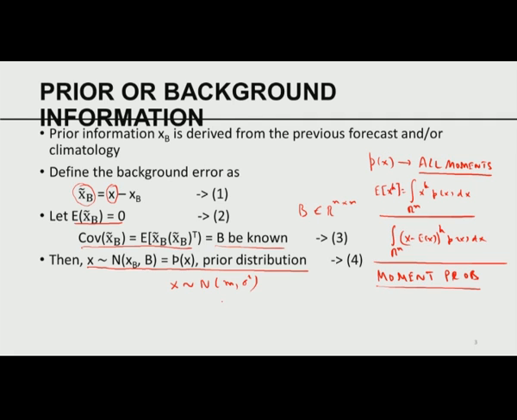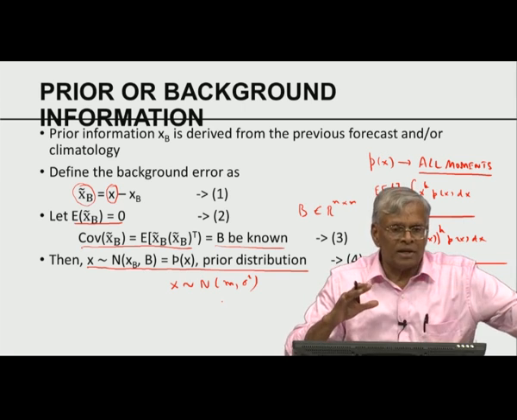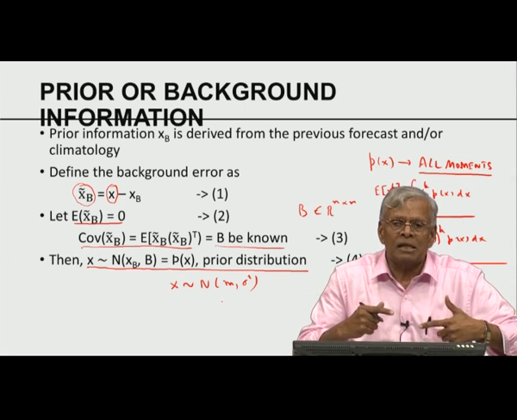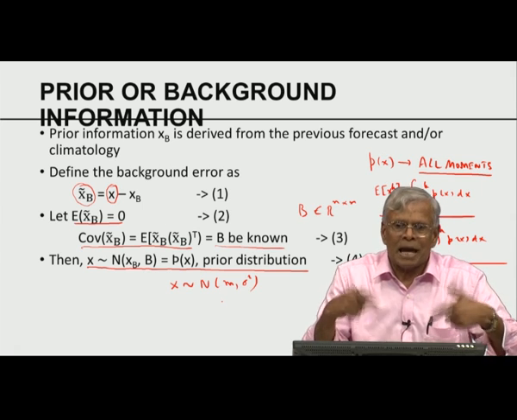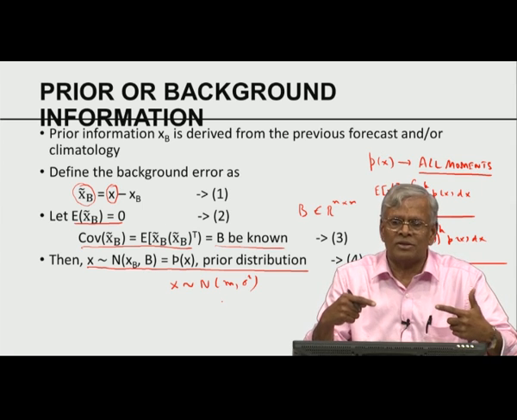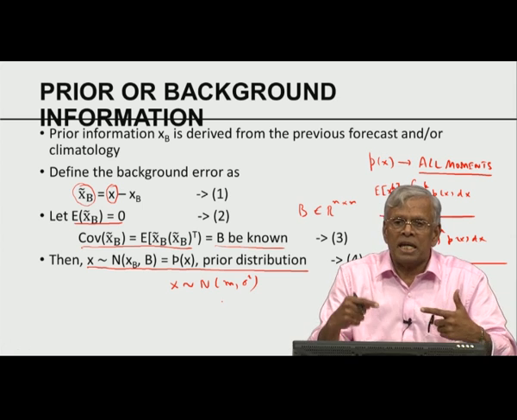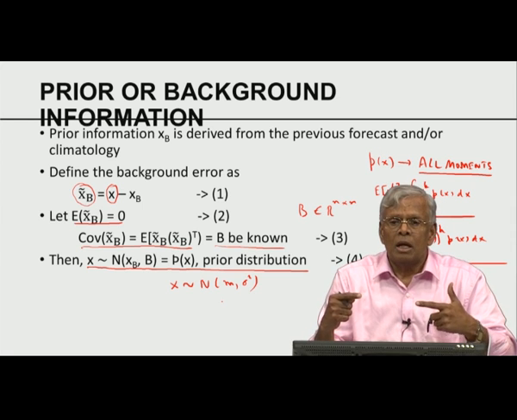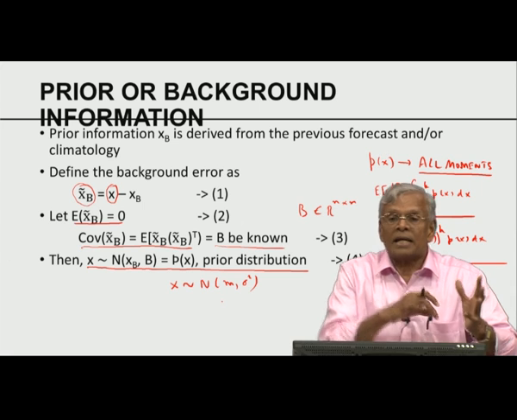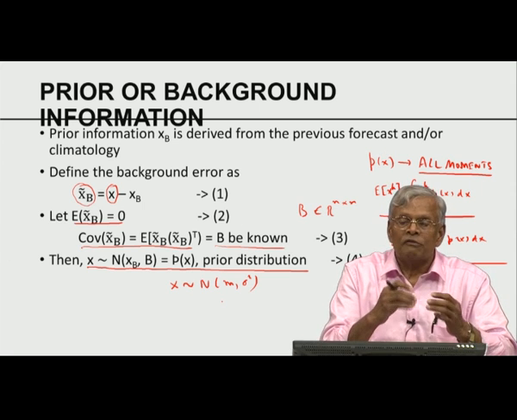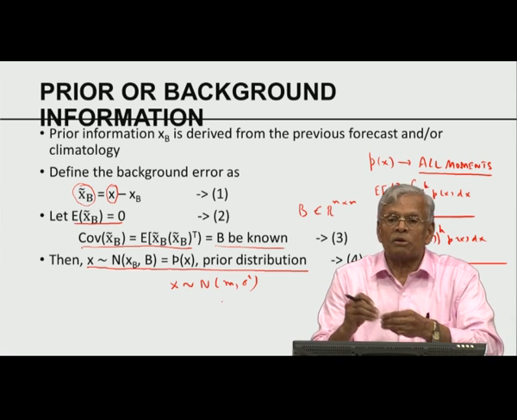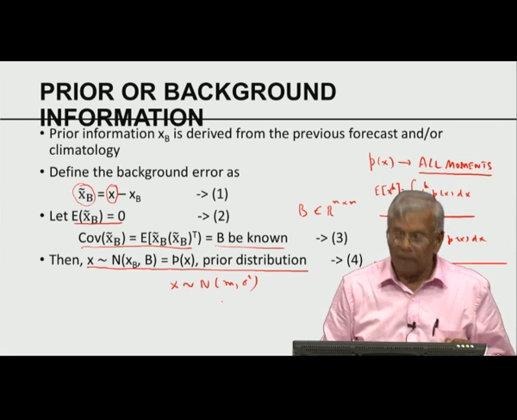Therefore, in many meteorological applications, many statistical applications, if I am given a bunch of data, from the data I can compute the sample mean and the sample variance, sample covariance. If I have a sample mean and sample covariance, I am going to pretend that the underlying random variable is normally distributed with the sample mean as the mean and the sample covariance as the covariance.